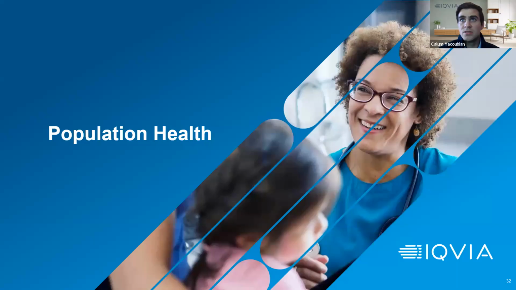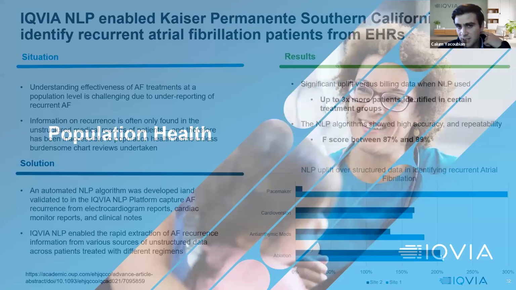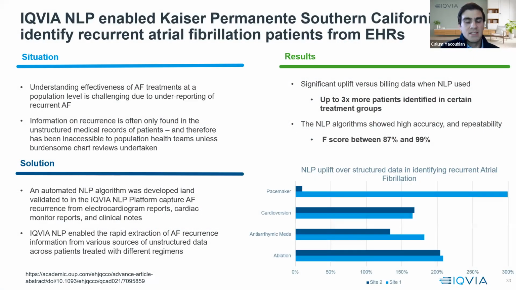So moving on to another case study, and this actually is from Kaiser Permanente. This was published earlier this year. This is around treatment outcomes in patients with atrial fibrillation.